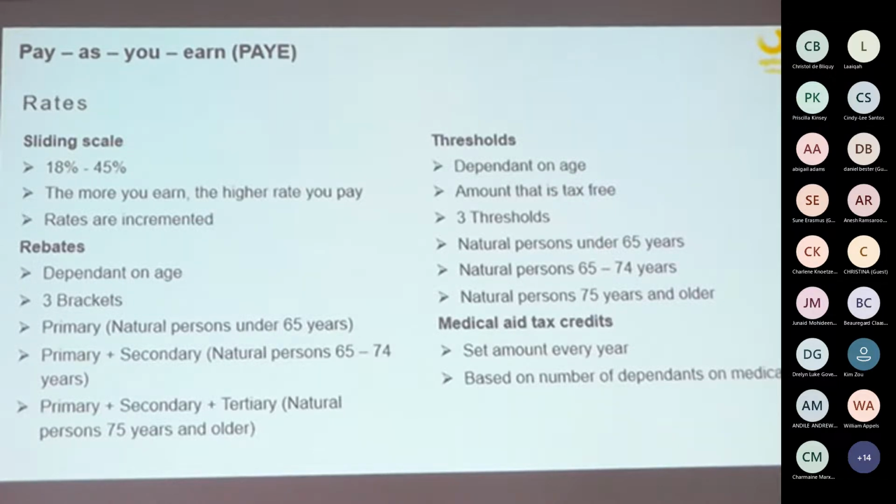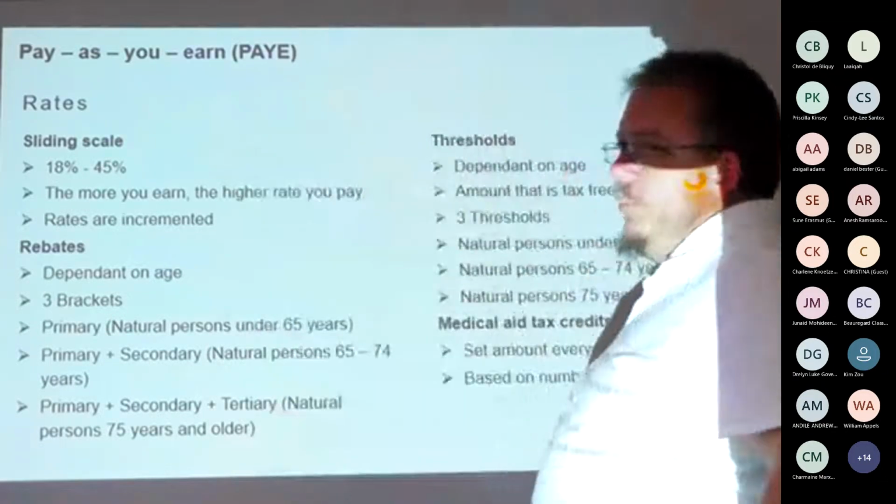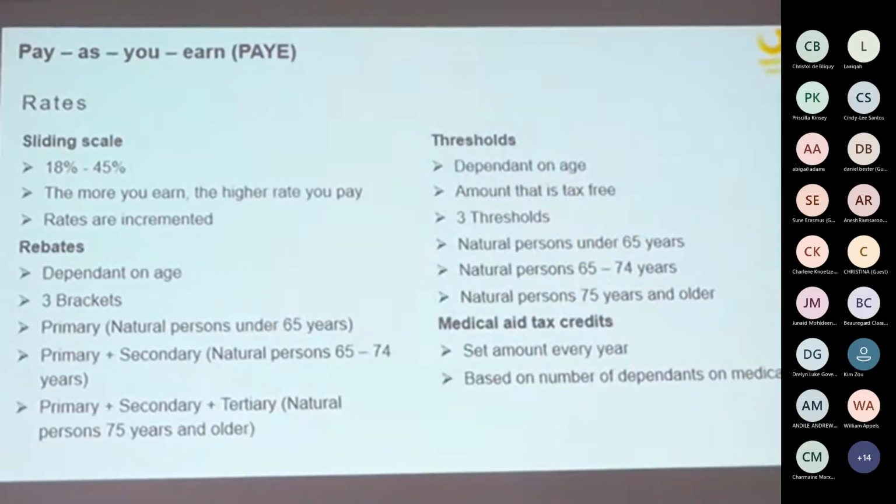Rebates, like I said, depend on age. There are three brackets: primary, secondary, and tertiary. Primary applies to all natural persons. Primary plus secondary is for 65 and over. Primary plus secondary plus tertiary is for 75 years and older.